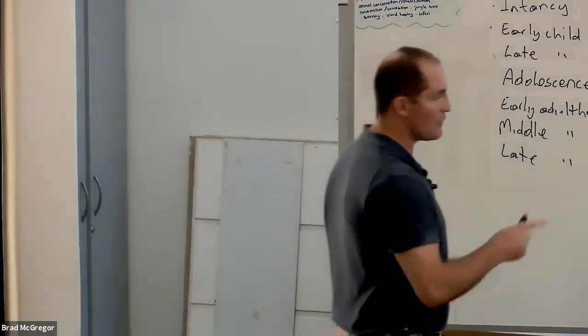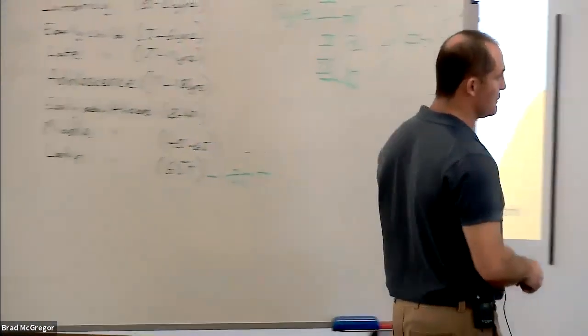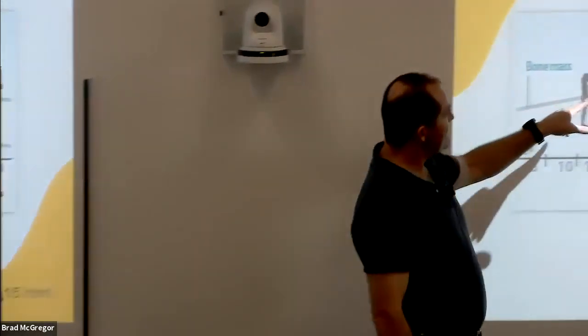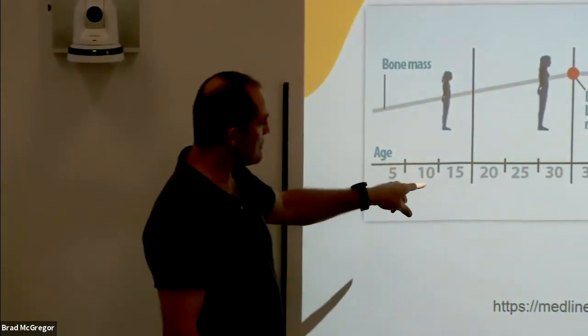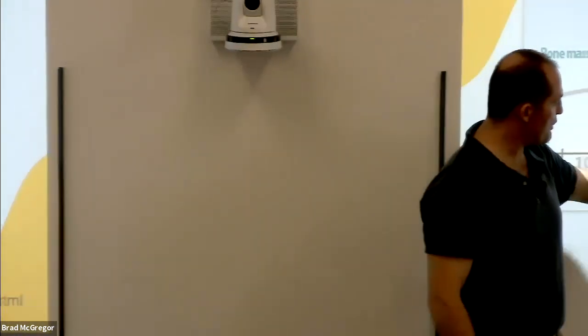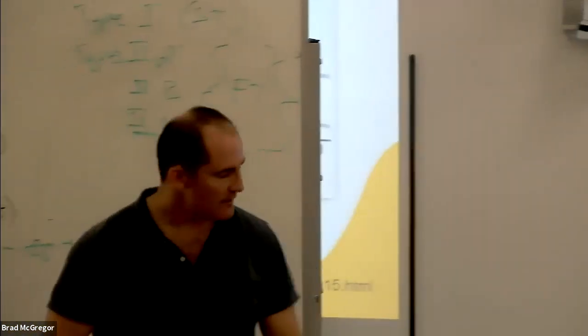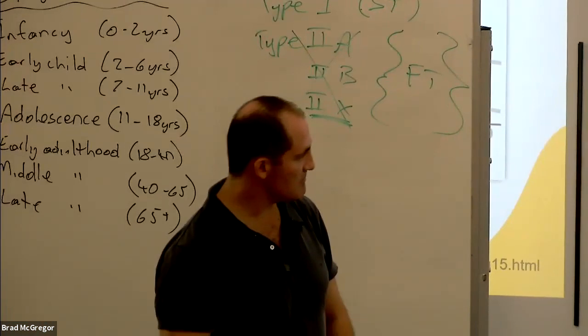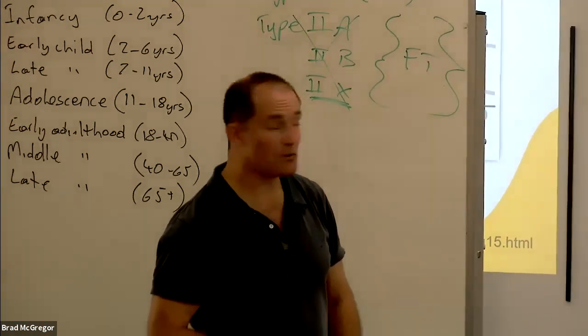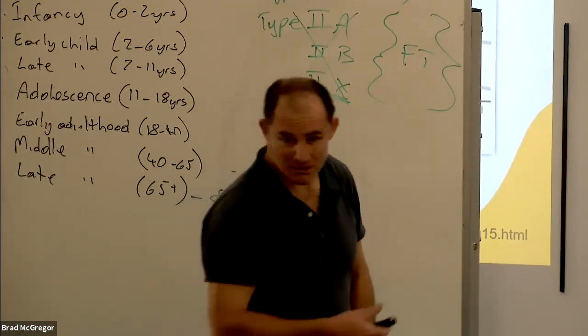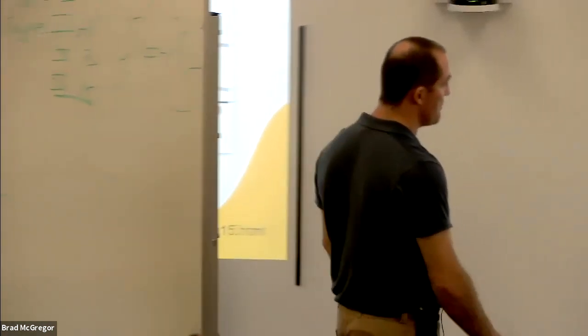For example, and I've got the references down here too for you to follow along. Here's exactly what I was talking about illustrated graphically. So you can see peak bone mass is achieved in that early adult stage. That's a bit controversial. Some studies show that that happens before 30 years of age, but let's assume that that's when we hit our peak bone mass.